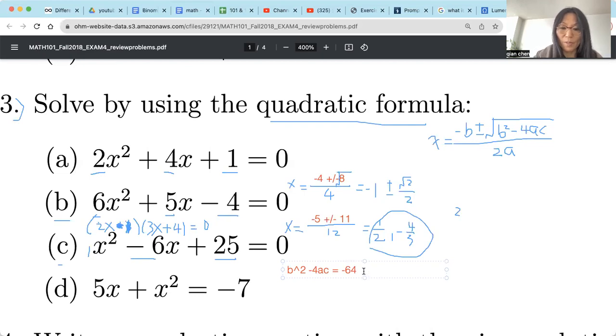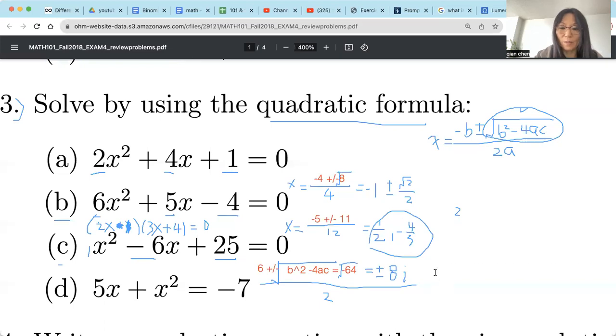Okay, so that's our discriminant. We need a square root of negative 64, and that's plus or minus 8i, an imaginary number. So then we have negative b, which is 6, plus or minus the square root of the discriminant, then all divided by 2a. a is 1, so it's all divided by 2.